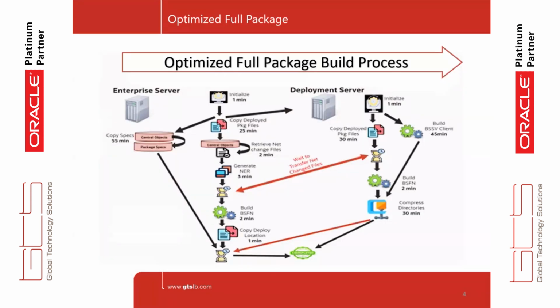When we talk about optimized package build performance, starting with this new release, the package build application enables administrators to alter the package build to compile only the functions that have been updated since the last active full package. What we mean is that now we have the introduction of a new functionality called the net change logic.